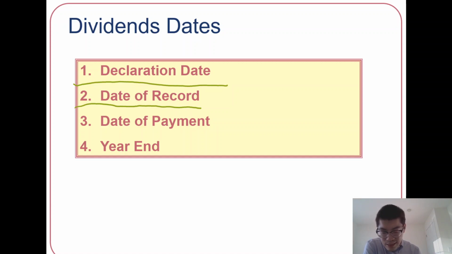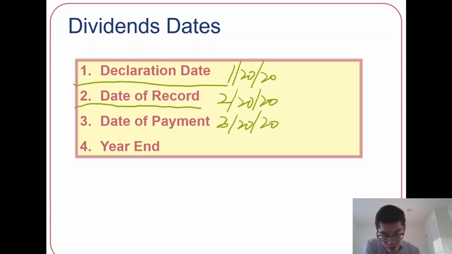For example, let's say our declaration date is January 20th, 2020, and the date of record is February 20th, 2020. Okay, and the date of payment is March 20th, 2020.